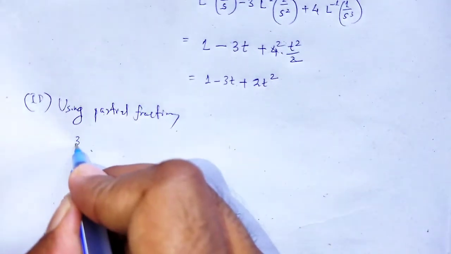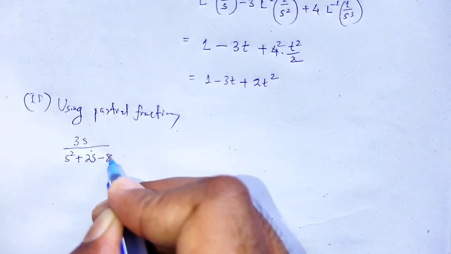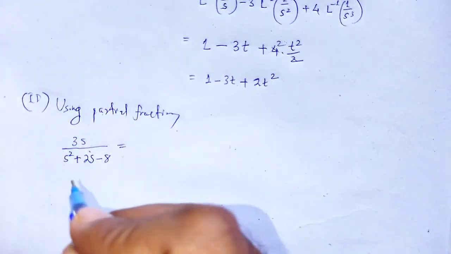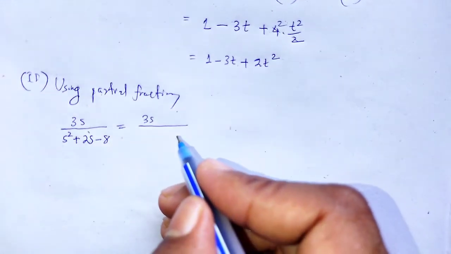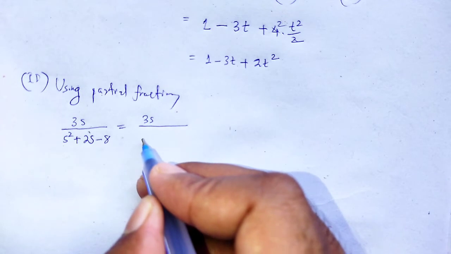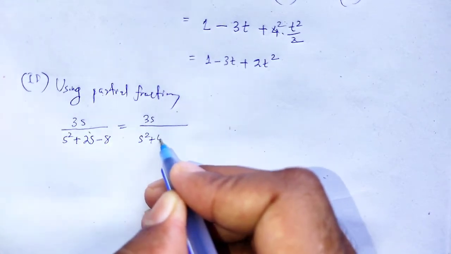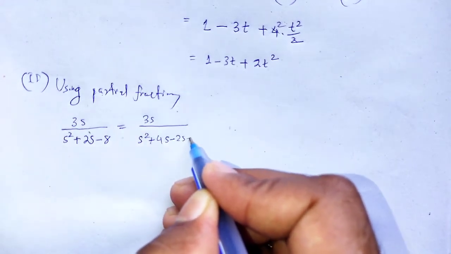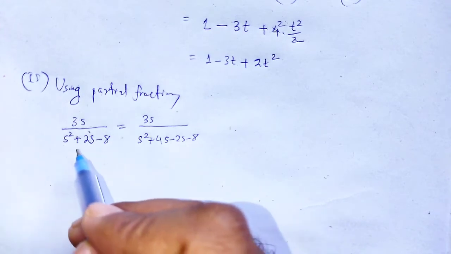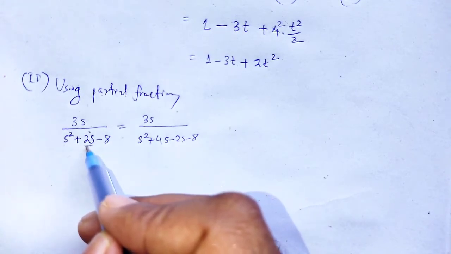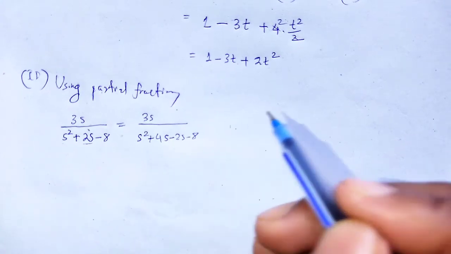The function is 3s divided by s square plus 2s minus 8. We partial fraction that function as 3s divided by, that one is a quadratic, so it can be simplified as s square plus 4s minus 2s minus 8, since the product of the two numbers is minus 8 and their sum is plus 2, so the terms are 4s and minus 2s.